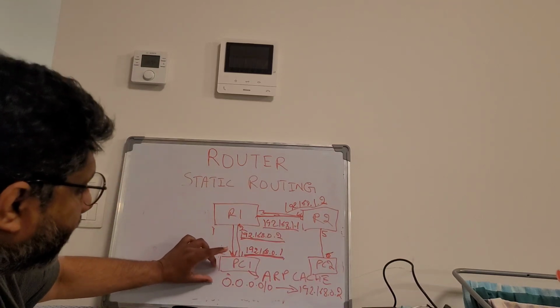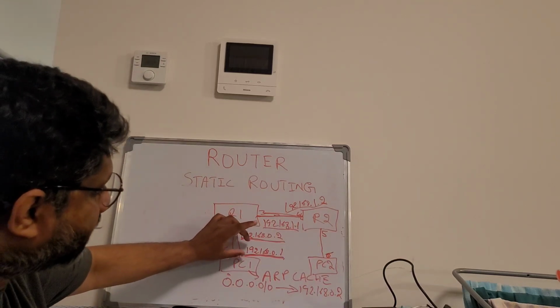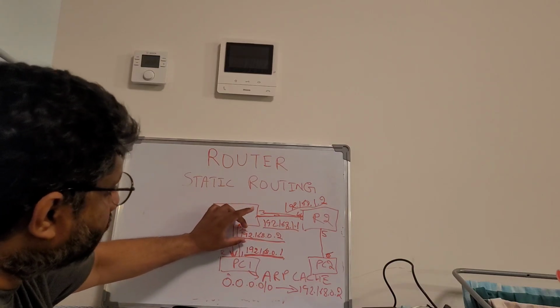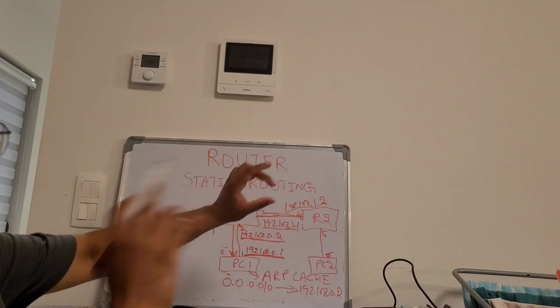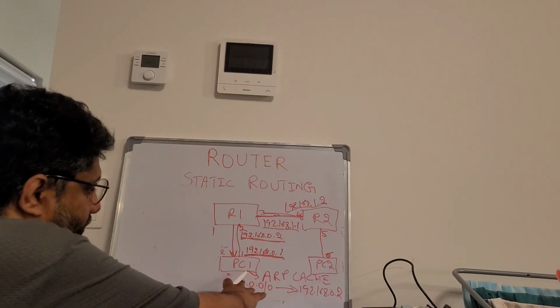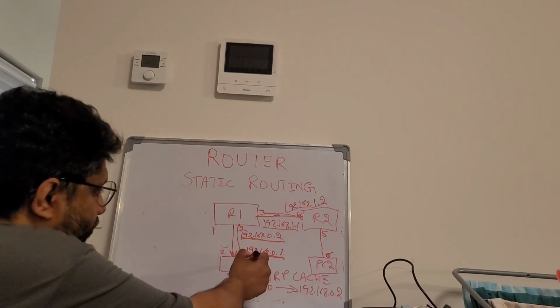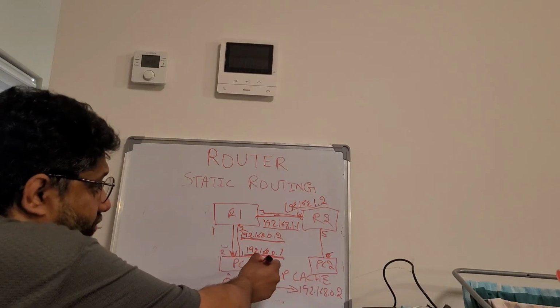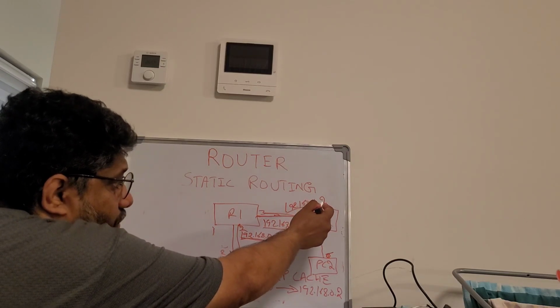So any packet with a destination address other than 192.168.0.x, send it to 192.168.0.2, and it will know what needs to be done. Now let's suppose we send an ICMP packet again from 192.168.0.1, with this default route in place in PC1, to 192.168.1.2.